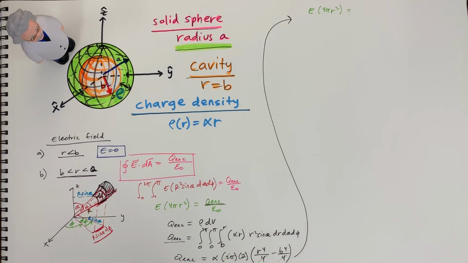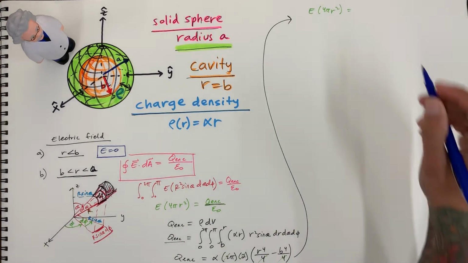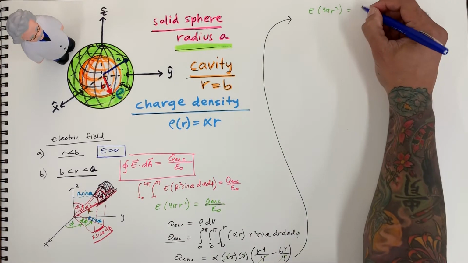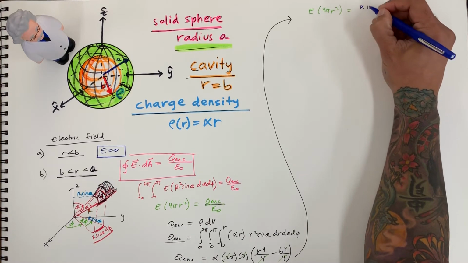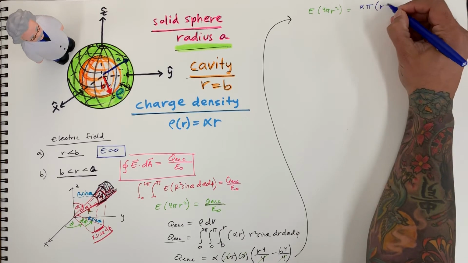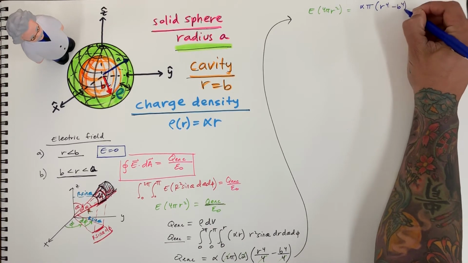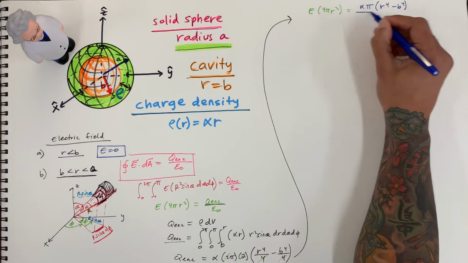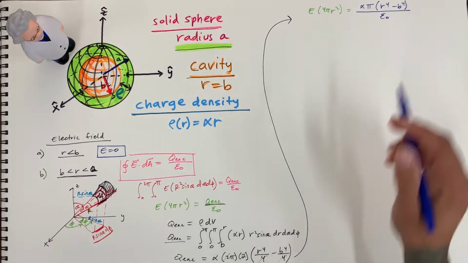So we can simplify that. What we're going to be left with is alpha pi, and we got r to the 4th minus b to the 4th. Everything is still over epsilon naught.